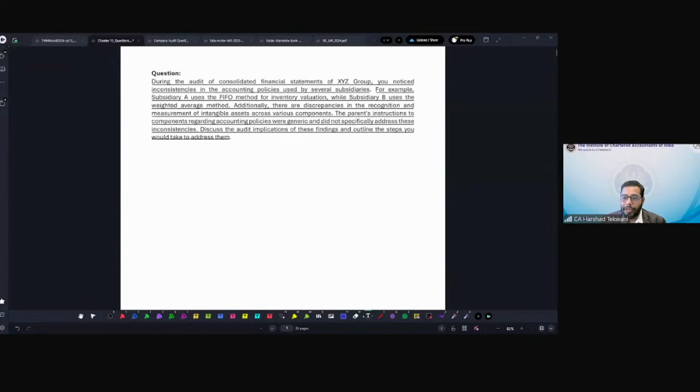See, this is the point where we discussed, remember, that when there are different accounting policies, we have to go for harmonization of the accounting policies or differences. If there is a GAAP difference, then we need to audit those GAAP differences. Reason: let's say there are GAAP differences.